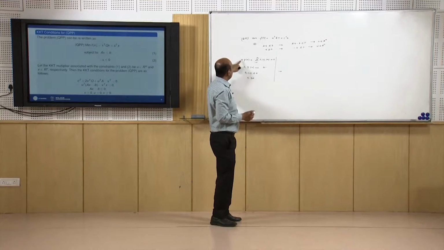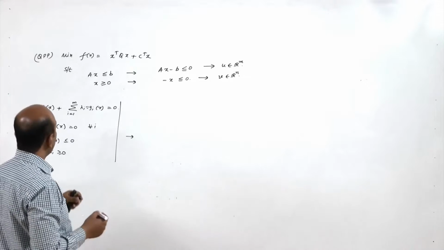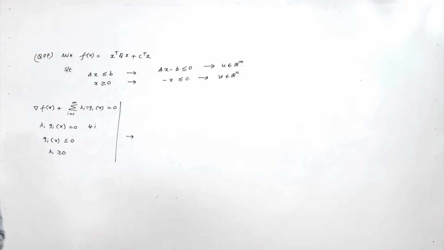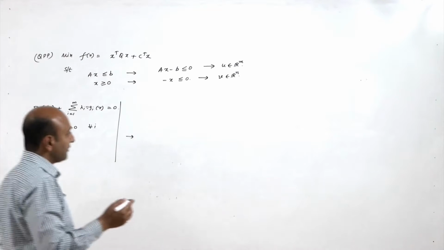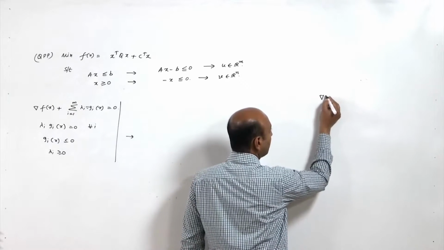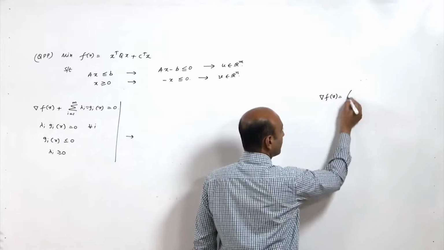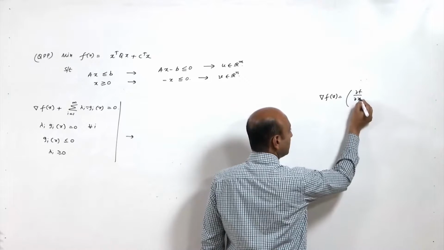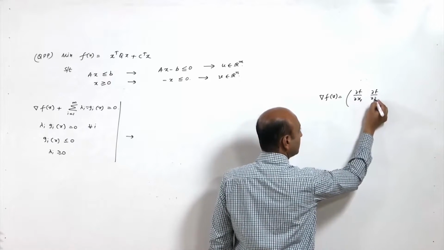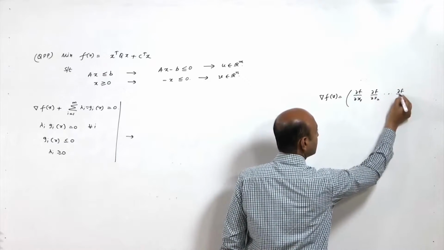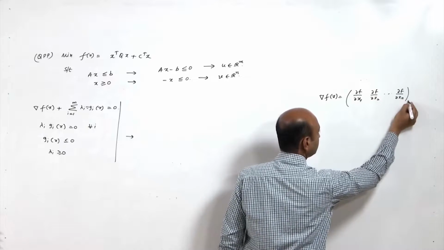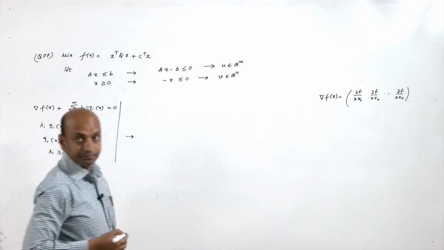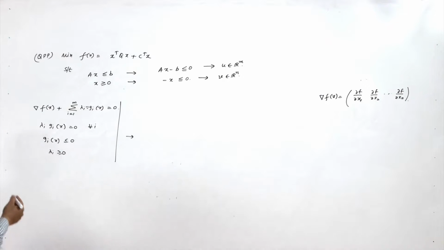So let us write down the first KKT condition. What is the gradient of f(x)? Gradient of f(x) means del f by del x1, del f by del x2, and so on, del f by del xn. Now you can understand how to write this KKT condition by an example.